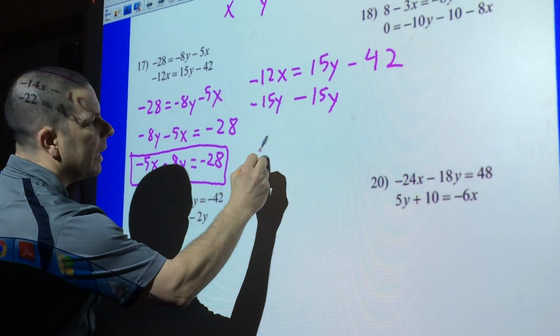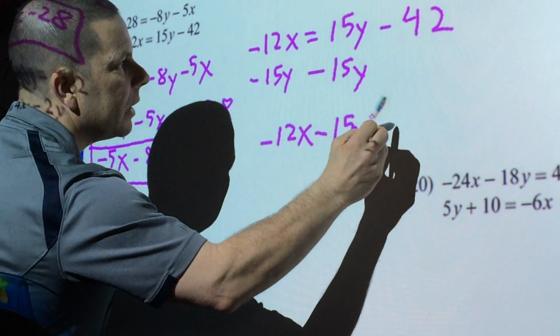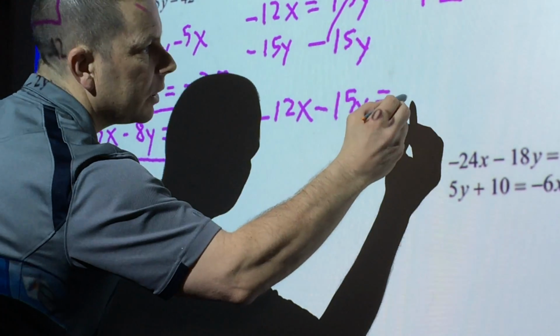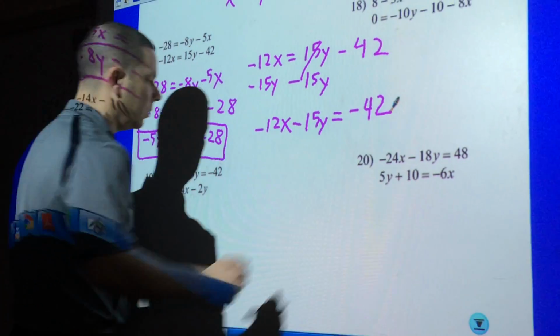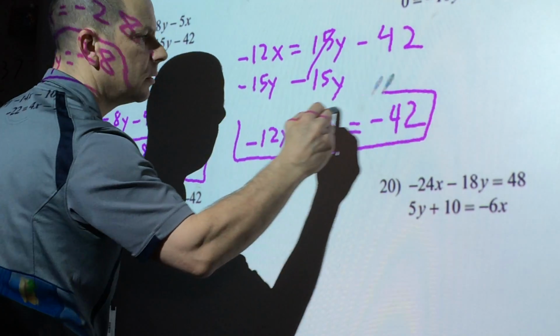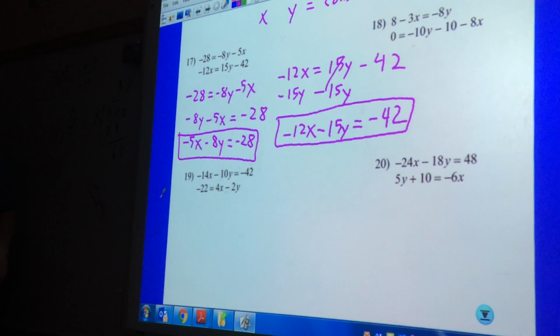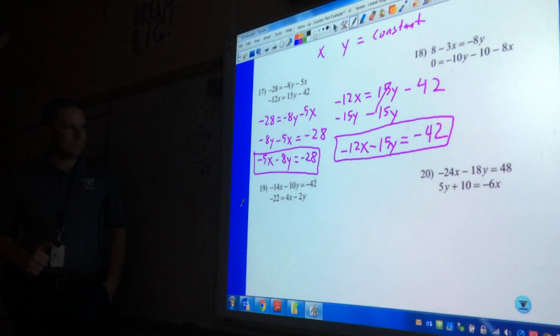So that would be negative 12x minus 15y equals negative 42. So now I have the two equations that I want to put together and solve as a system.